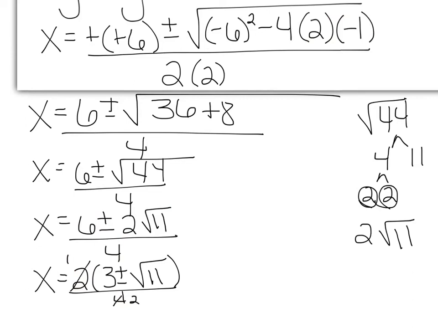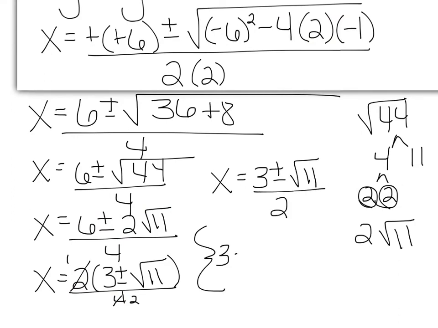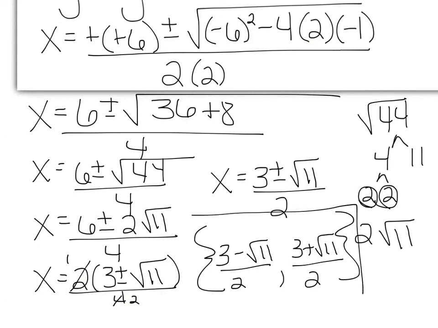So I'm going to have x equals 3 plus or minus the square root of 11 all over 2. So that's 3 minus the square root of 11 over 2, and 3 plus the square root of 11 over 2. And that is your answer.